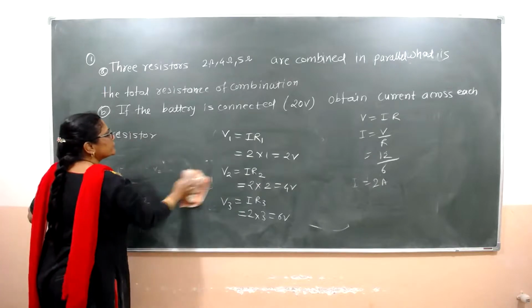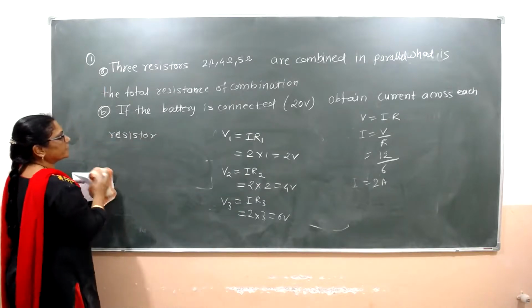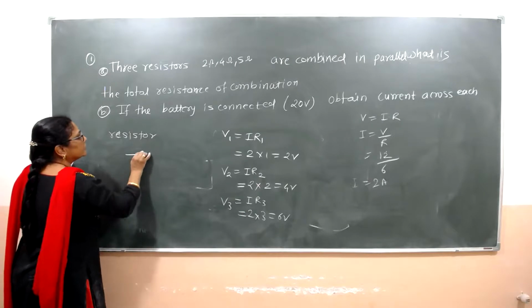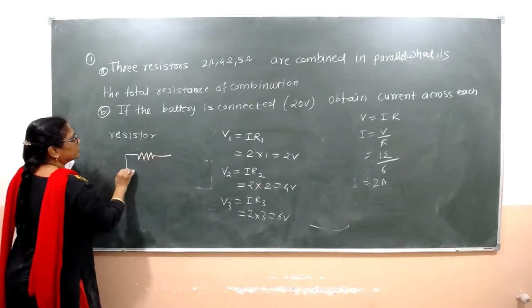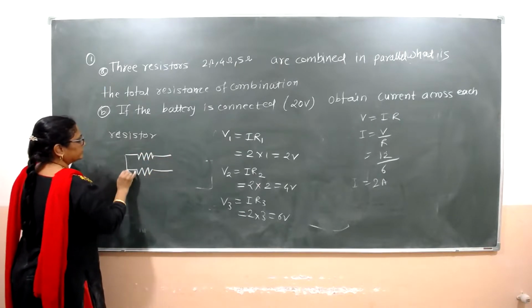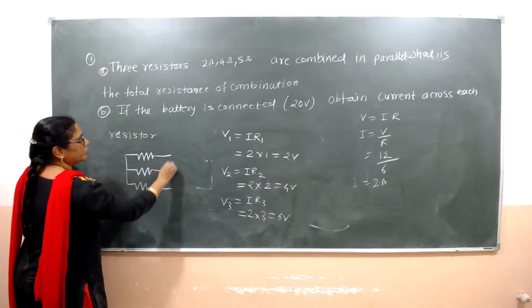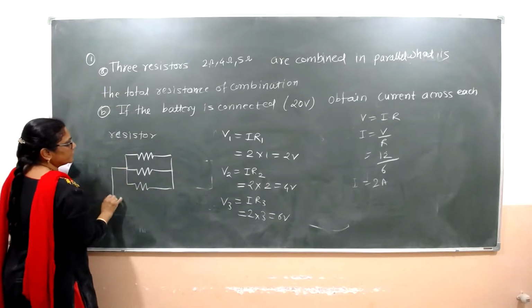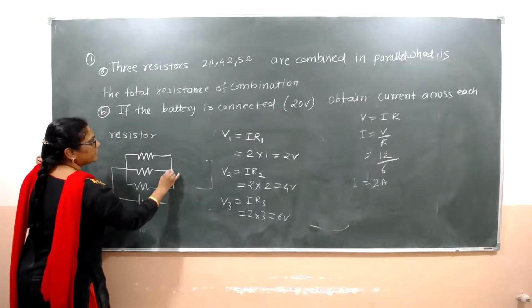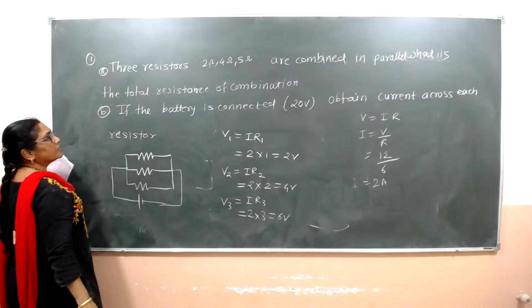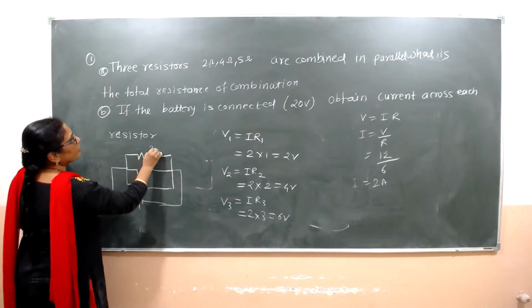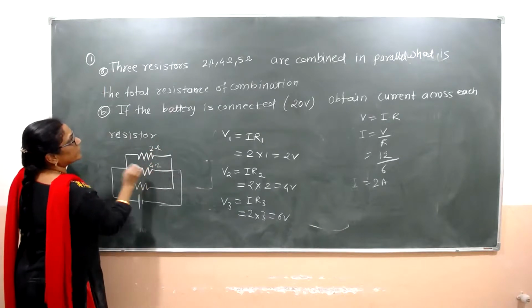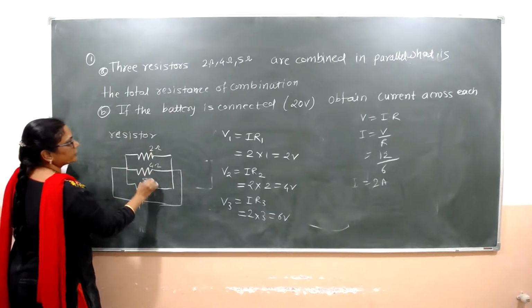So here in this question, there are three resistors, those are connected in parallel to each other. In the parallel combination, the potential is same, but the current is different. So the parallel combination is 2 ohm, 4 ohm, and another one is 5 ohm.